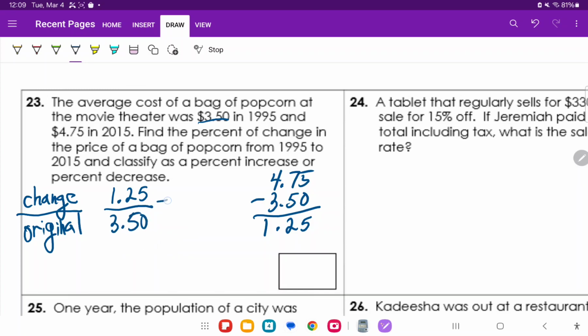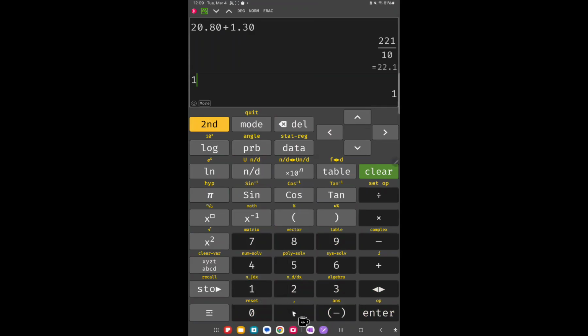All right, so this is going to give us a decimal. We'll round this to the nearest hundredth. So this 7 will cause the 5 to round up.